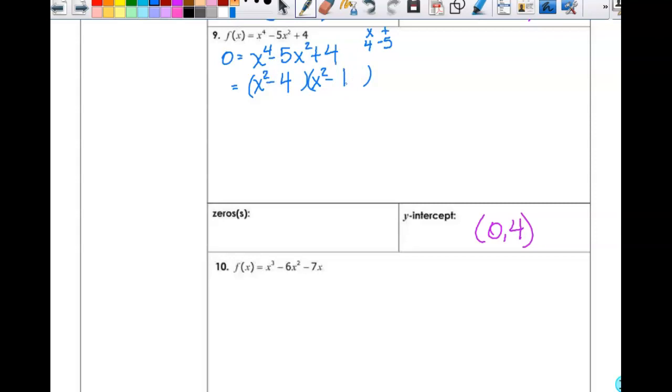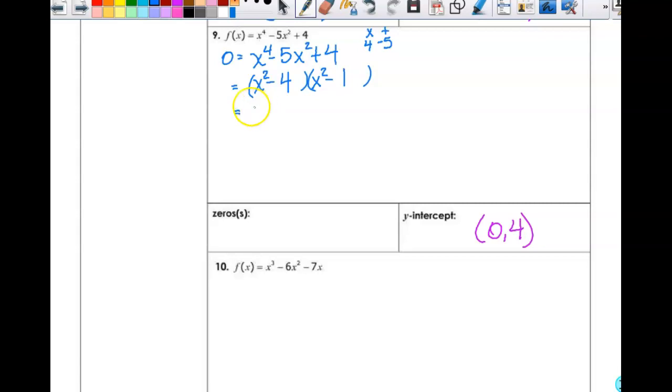Can I factor more here? Well, the x squared isn't negative. It's x squared minus 4 and x squared minus 1. Okay. Can I factor some more? What type of situation is this? What are these called? Yeah, they are perfect squares, so it's a difference of squares, right?